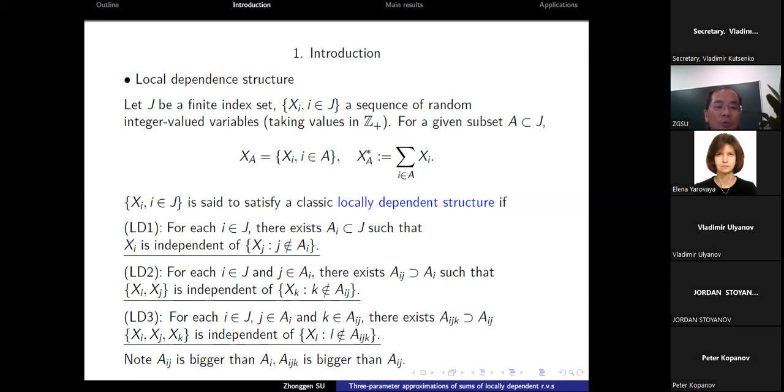And still, for each i, j, and k, there is a bigger subset Aijk such that Xi, Xj, Xk are independent of random variables outside the Aijk.